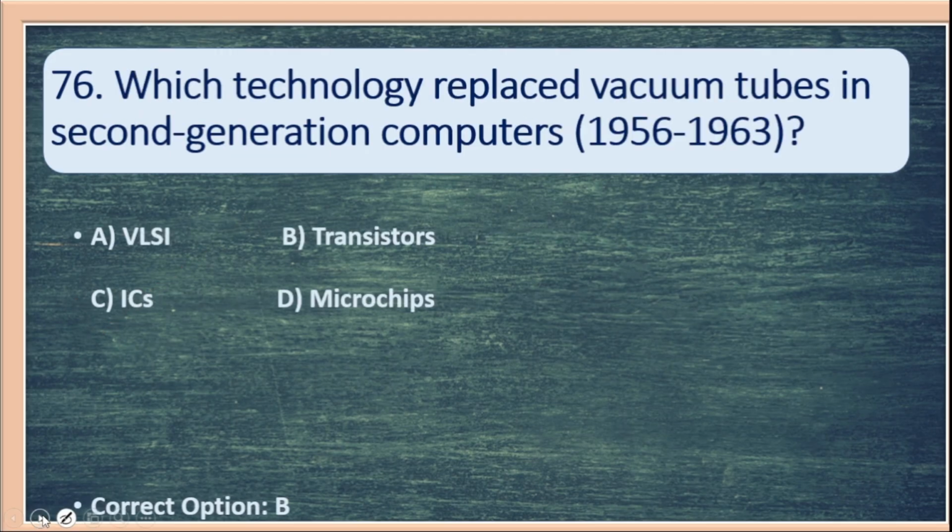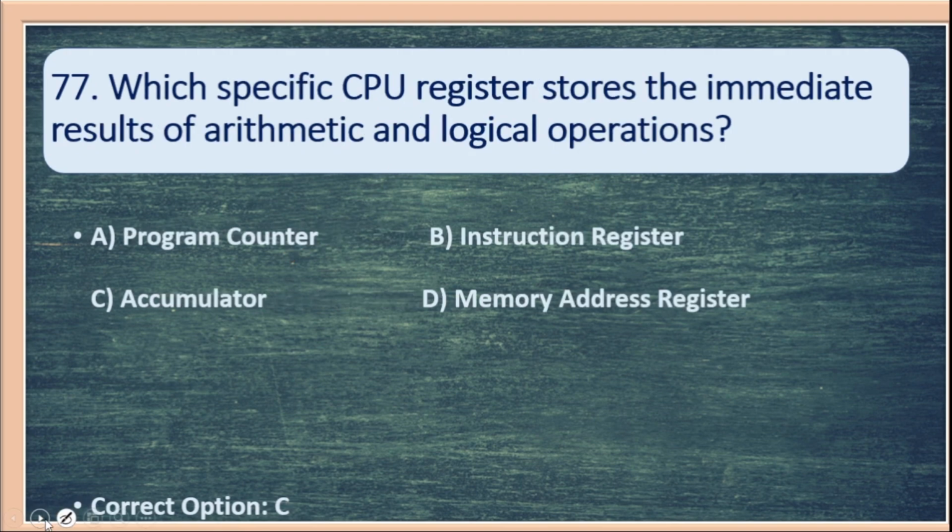Which technology replaced the vacuum tube in second generation computers? VLSI, transistor, ICs, microchips. Answer is B, transistor. Which specific CPU register stores the immediate result of arithmetic and logical operations?